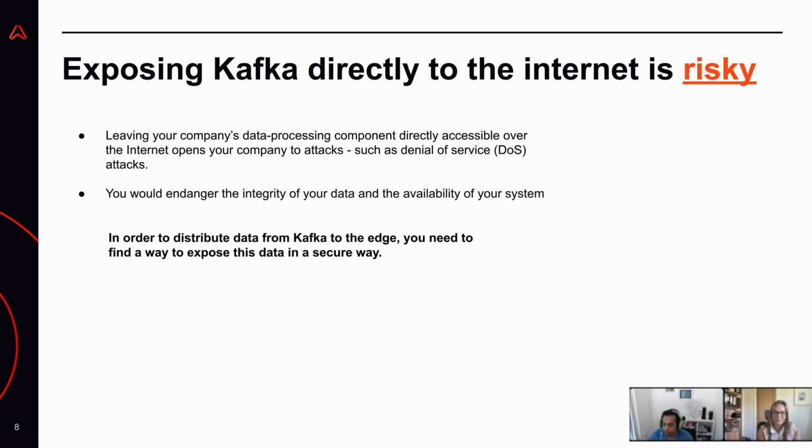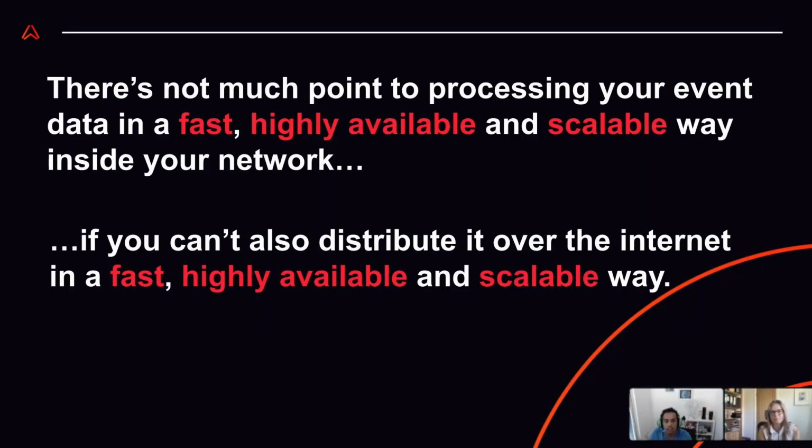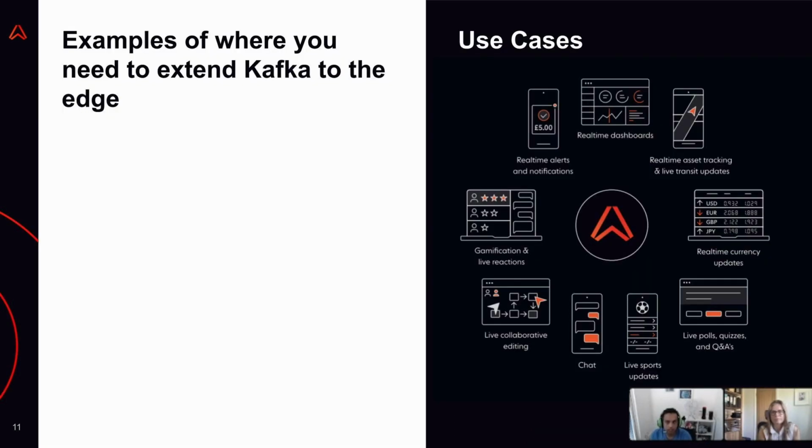These things, of course, could be fixed by most Kafka distributions, but it is not designed to have dynamic permissions. It is designed to just be set up once and run. And to restate this again, if you can't do this over the internet, you're kind of losing the main advantage of having a system like Kafka inside your network, making your event data available, fast, and reliable.